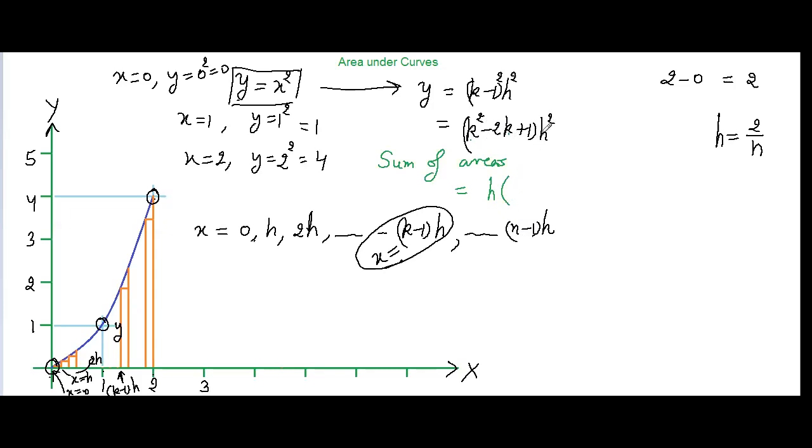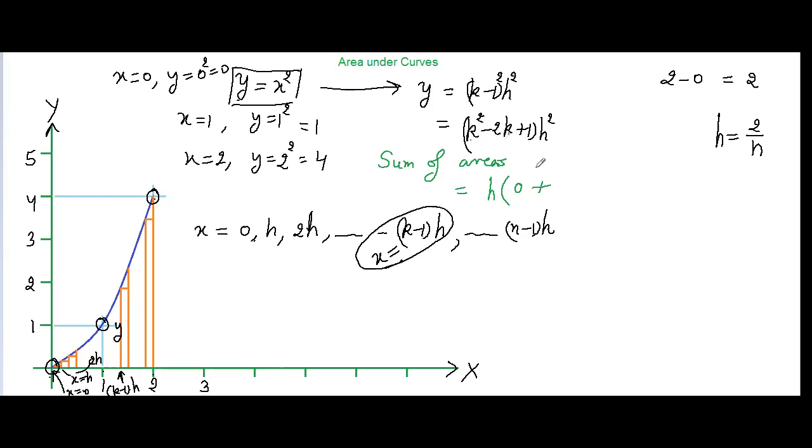So 0 into h square, the first rectangle's area is 0 times h square, you can say. Second rectangle's k is 2, 2 square is 2, minus 2k.